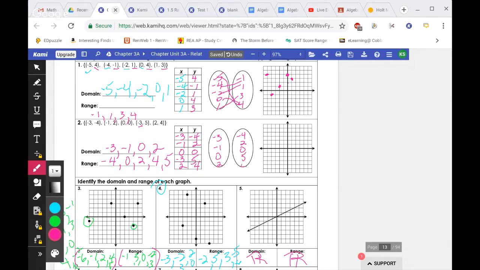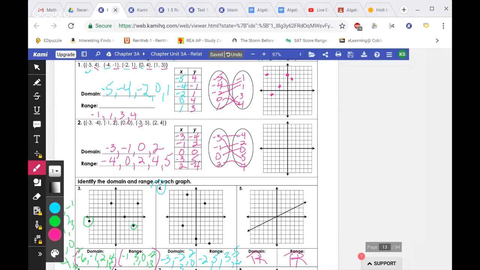Zero, 5, and 4. And -3 goes to 4, but it also goes to 5, which makes this one not a function. -1 goes to 2, 0 goes to 0, and 2 goes to 4.